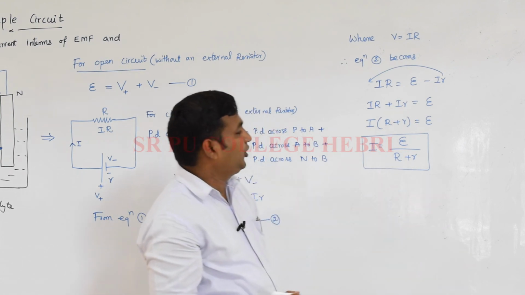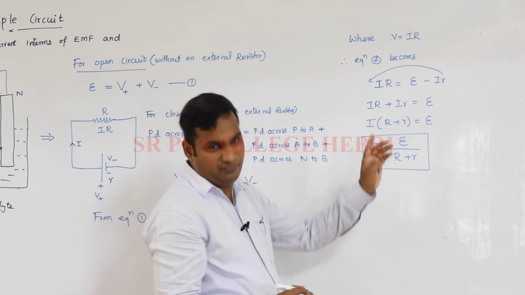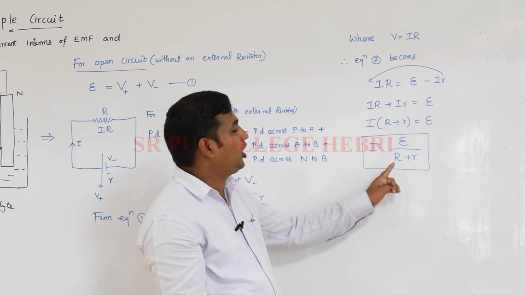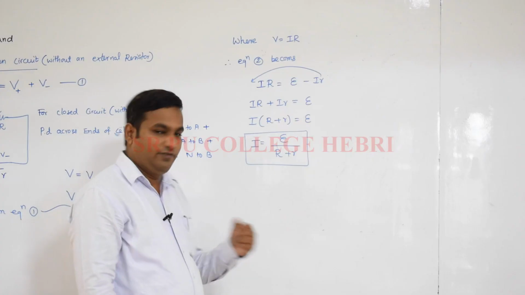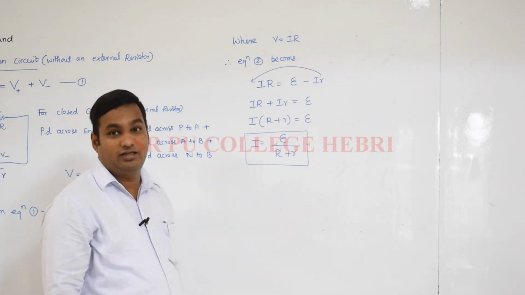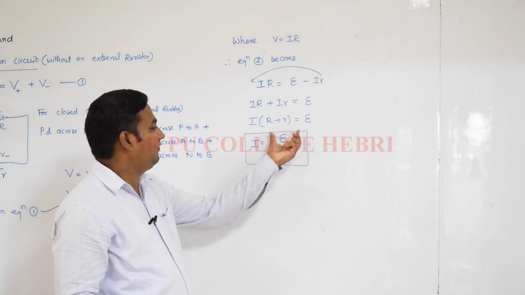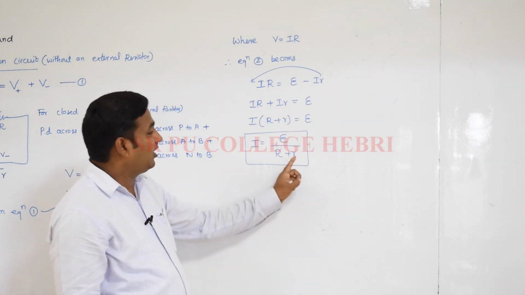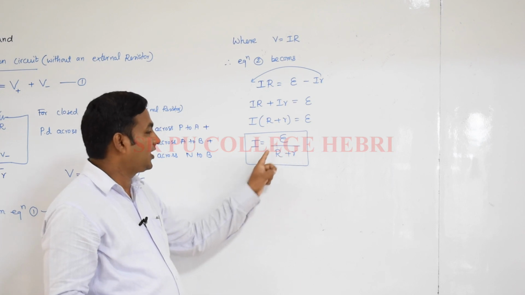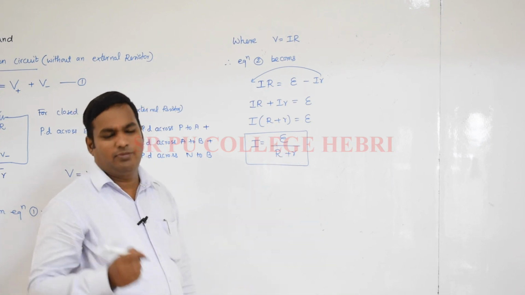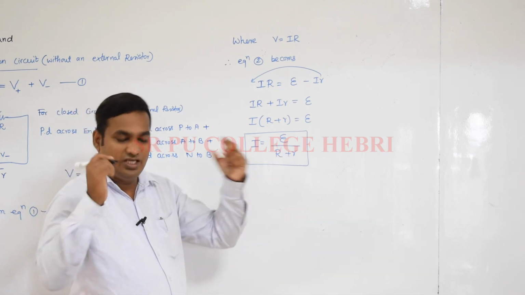Keep one point clearly in your mind: if there is no external resistor, you have to take R equal to 0. We got the equation for the main current drawn from the cell as EMF divided by (R plus r), where r is the internal resistance and capital R is the external resistance connected to the cell.